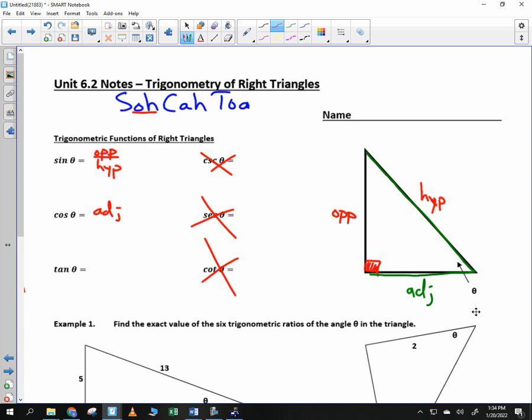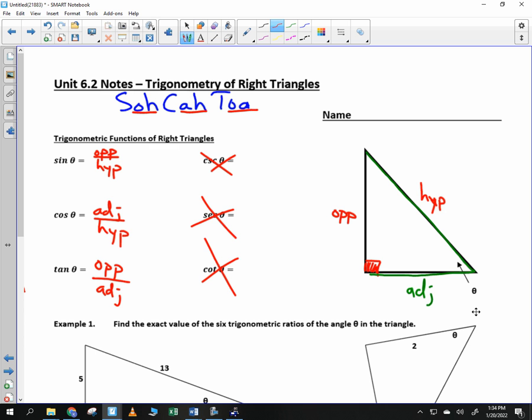We don't use those other 3 in Sohcahtoah. I have them there to cross off. People usually are happy when they get to cross them off. So, cosine is the adjacent divided by the hypotenuse. Tangent is opposite over adjacent. Thank you, Easton. And that is that.